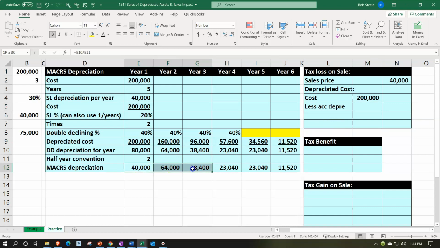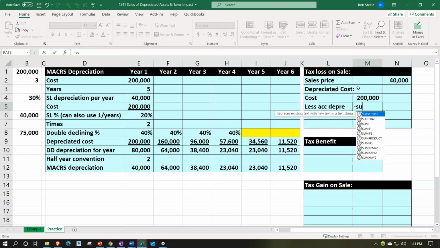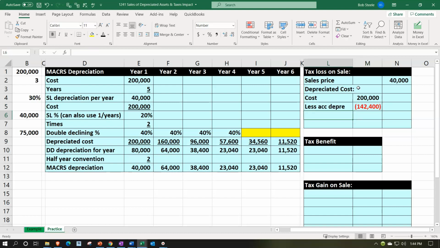So if we sold it after 3 years, then the 40, the 64, and the 38.4 would be the accumulated depreciation up to that point. I'll make it a negative SUM of the depreciation for those 3 years, year 1, 2, and 3. And that's going to give us our depreciated cost. We'll sum this up, which is going to subtract out the 200 minus the 142.4. Put an underline here, font group and underline.